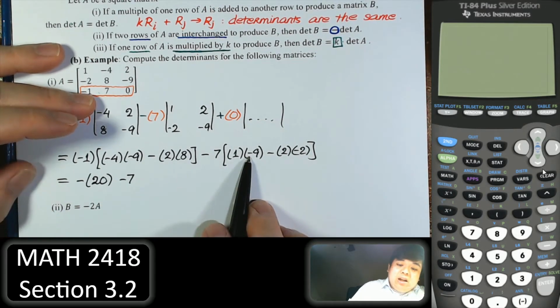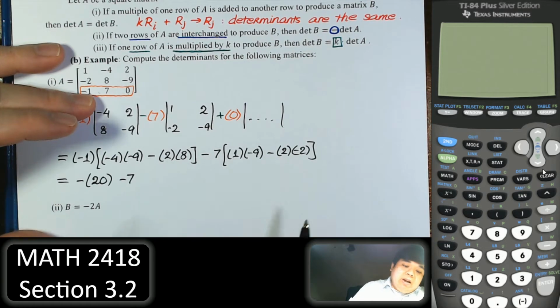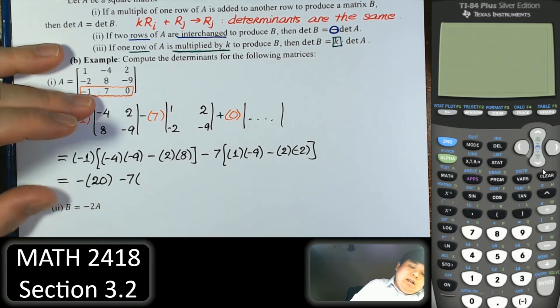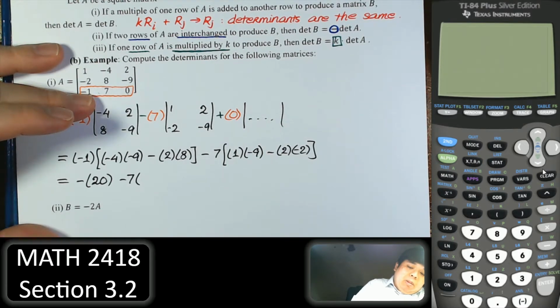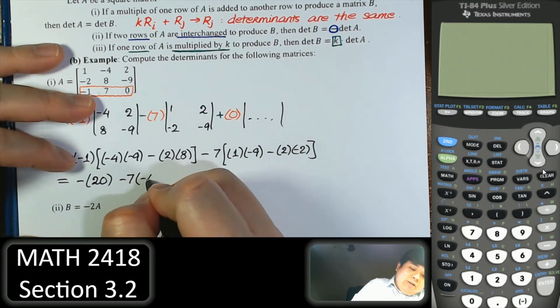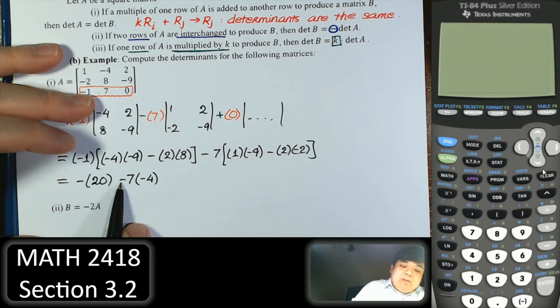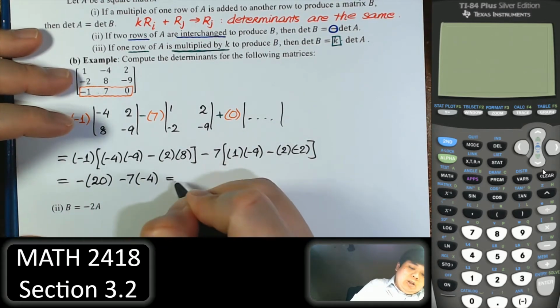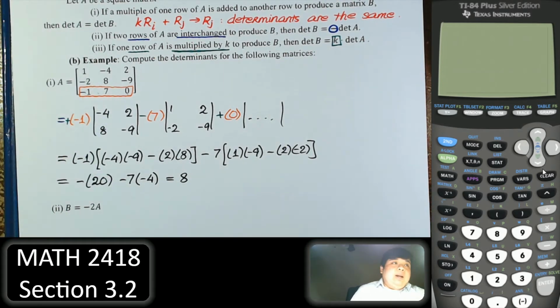And then -9 plus 5, -9 plus 5 is -4. And so we have 28 minus 20. So this is going to be 8. Now let's check.